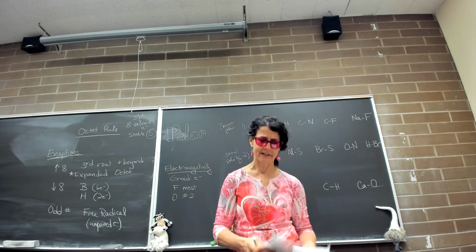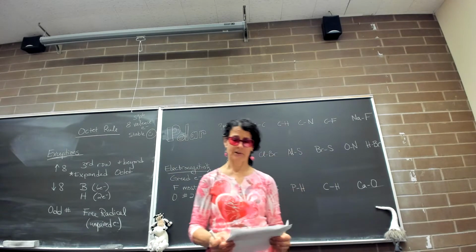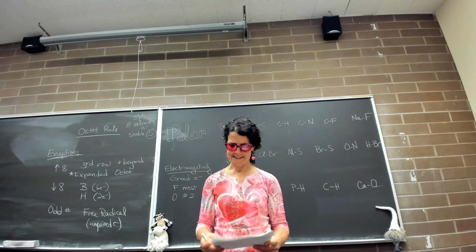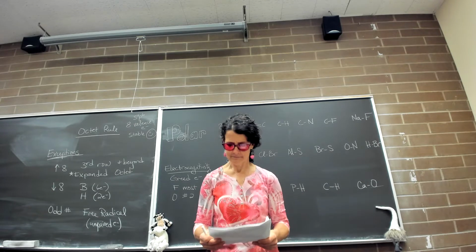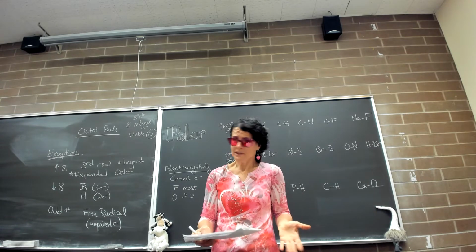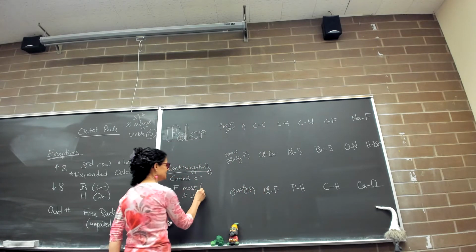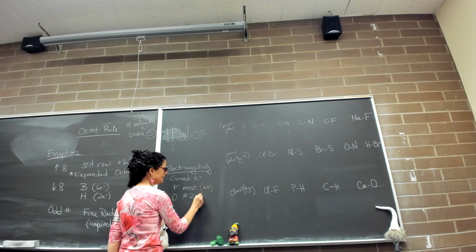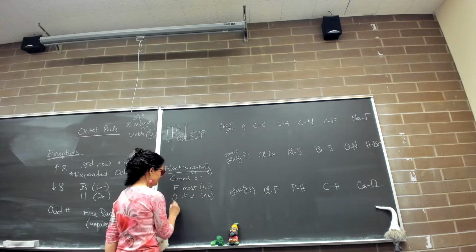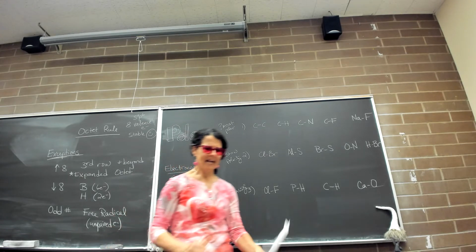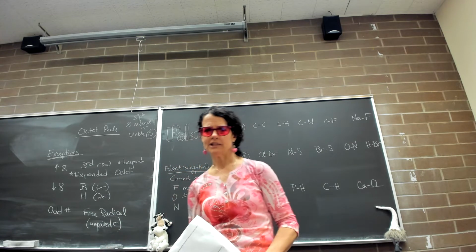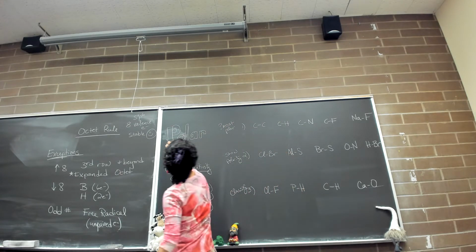There's a new one out there, but I'm kind of a Linus Pauling number 1 fan, so I stick with his table. He made up these numbers. Fluorine, he assigned a 4. You don't have to remember this. Oxygen, he said, okay, it's a 3.5. Nitrogen, he said it's a 3.0, etc., etc. And then based on the difference in their electronegativity, we could determine if something was polar or not.